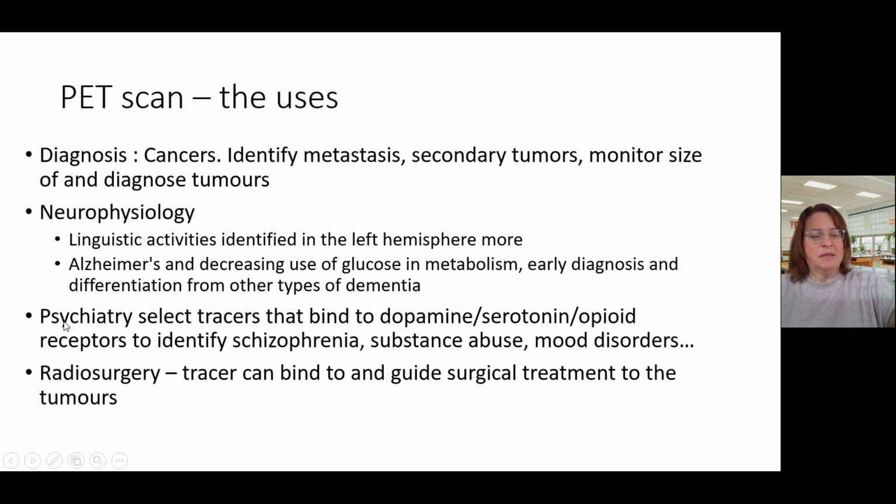In psychiatry, you can use a tracer that instead of just generally binding to glucose, you can have a radioactive tracer attaching to dopamine or serotonin or opioid receptors to figure out what areas are responsible in which conditions you're investigating, whether it's schizophrenia, substance abuse, mood disorders.